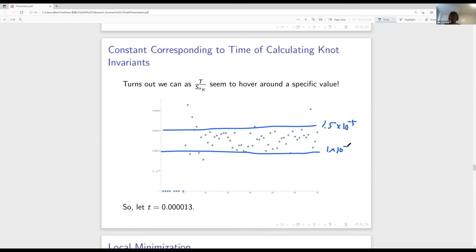So with that, we can say that the T divided by S value can be estimated by some sort of constant, because the ratio value seems to be hovering around this number.